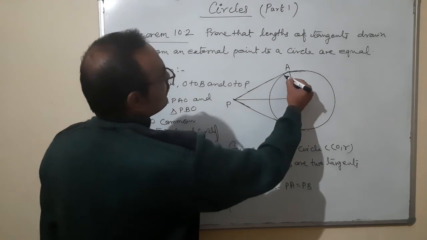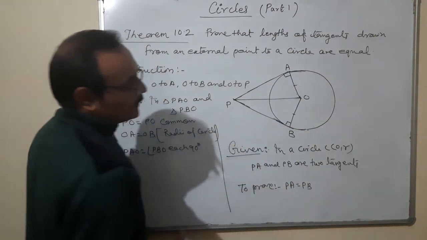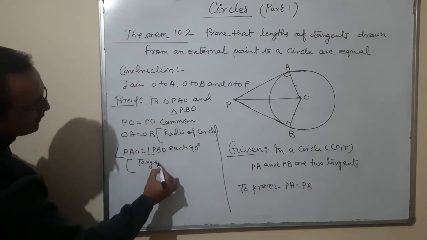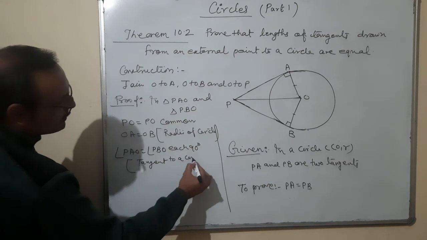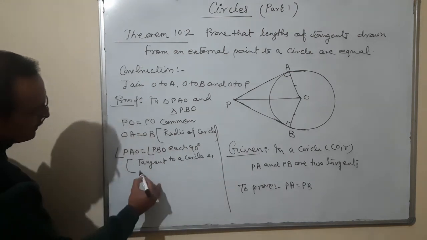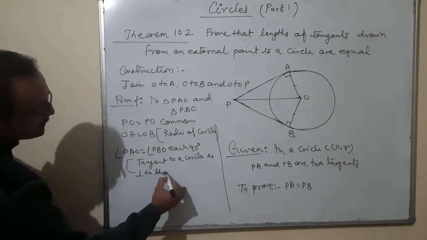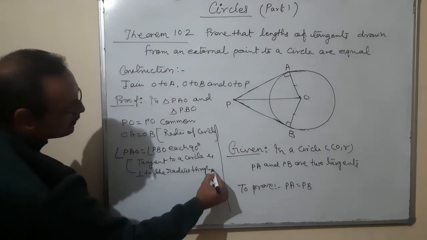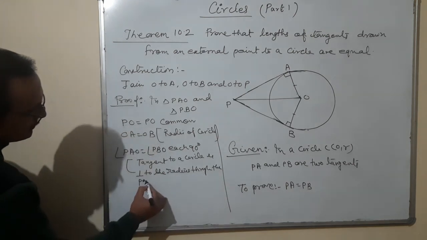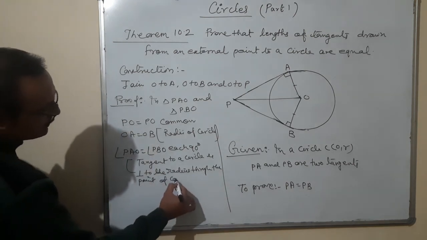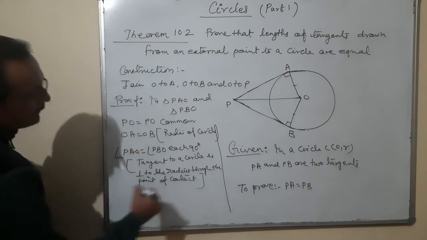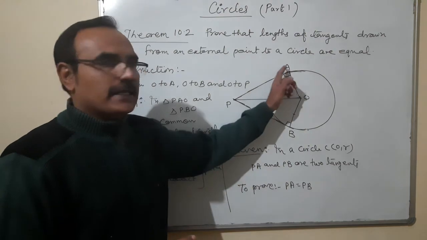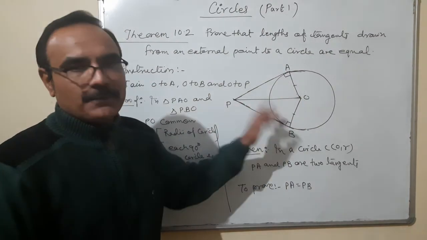This is the radius, this is the tangent, both are perpendicular.